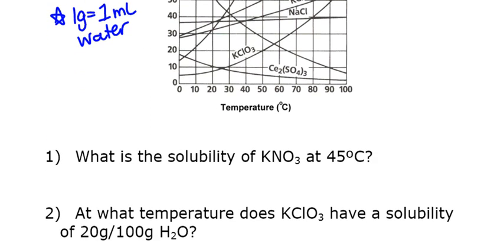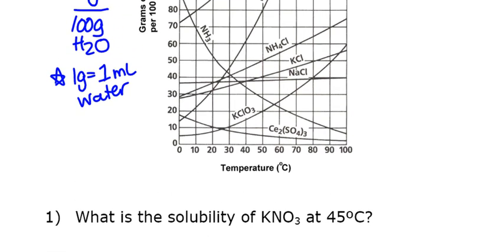So first question: what is the solubility of potassium nitrate at 45 degrees Celsius? If we want to read this curve, first we need to find out where potassium nitrate is. This is the curve for potassium nitrate here, the one that's in yellow. Since it's asking for solubility at 45 degrees, let's find out where 45 degrees falls on this curve.